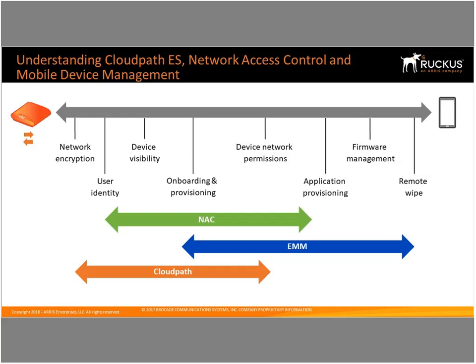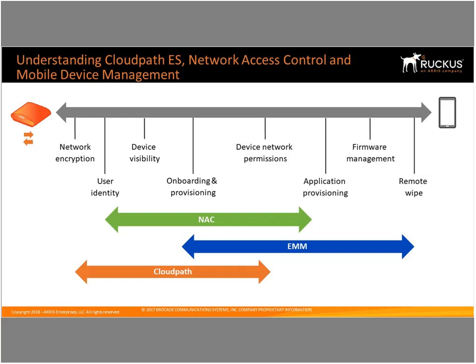Most of the items on the right-hand side are typical MDM or EMM type functionalities, and when you see functions towards the left, you see more NAC or network type functionalities. So Cloudpath definitely has more NAC functionalities. In addition to that, of course, we do network encryption as well.